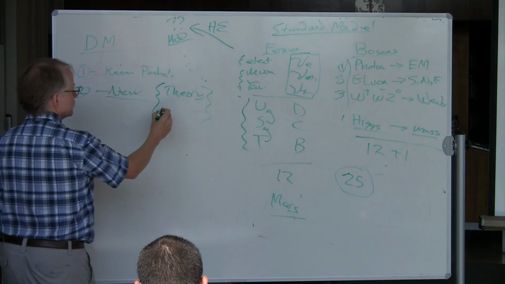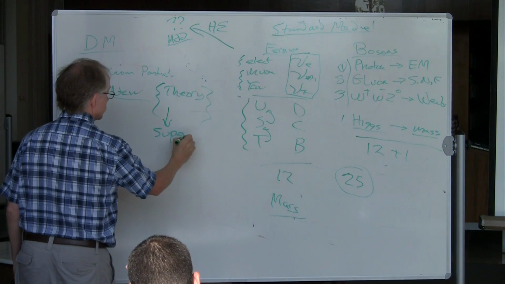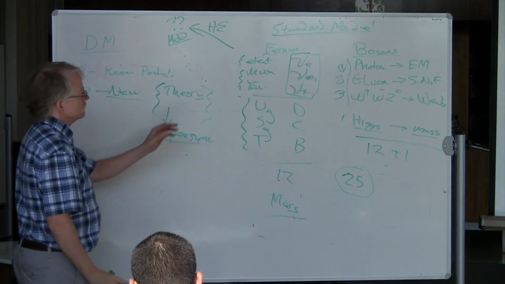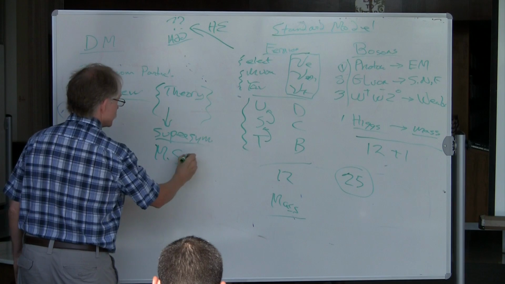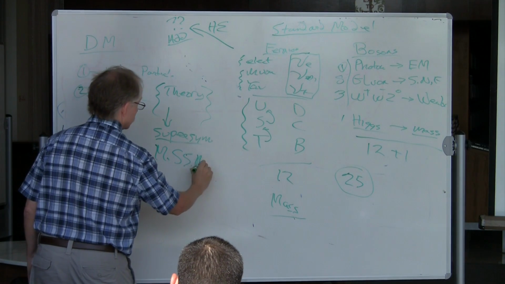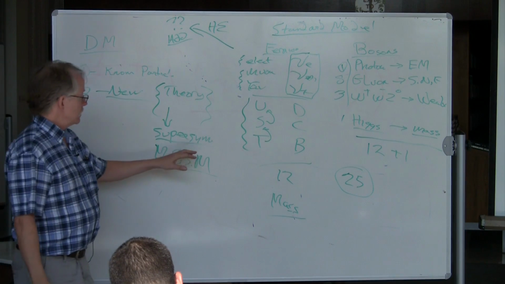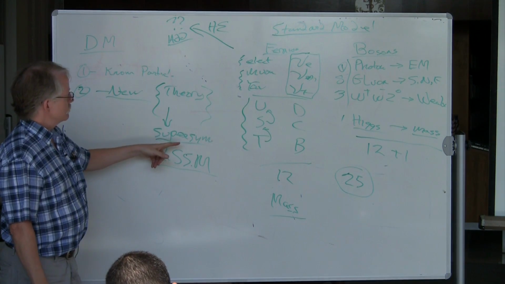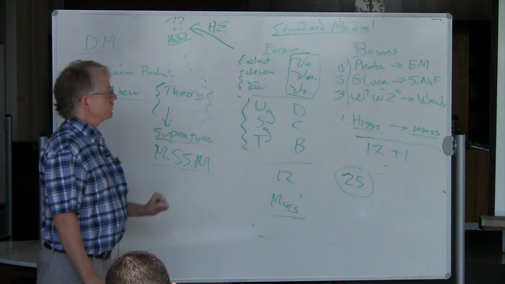And so one of the most impressive ones is called supersymmetry. In fact, there is something called the minimally supersymmetric Standard Model, MSSM. Basically, it's like the Standard Model, but it has the principle of supersymmetry added into it, which makes for some additional things that go on.